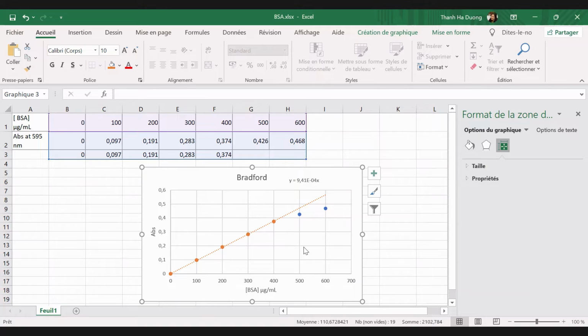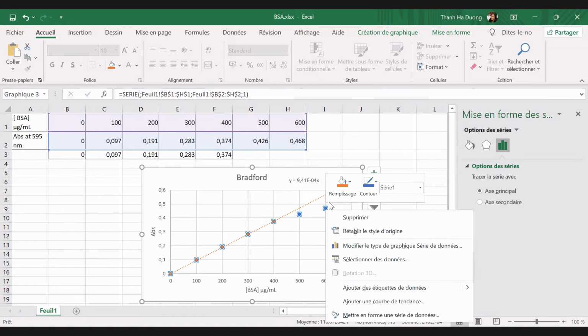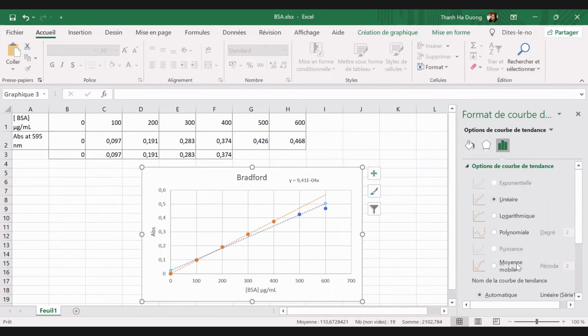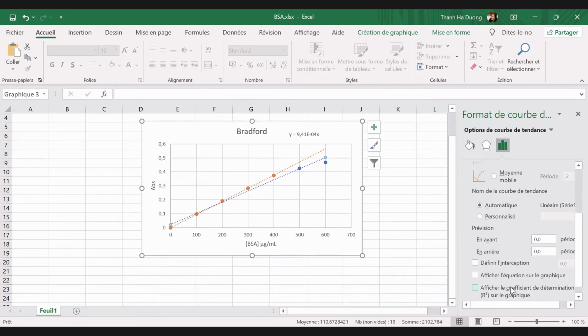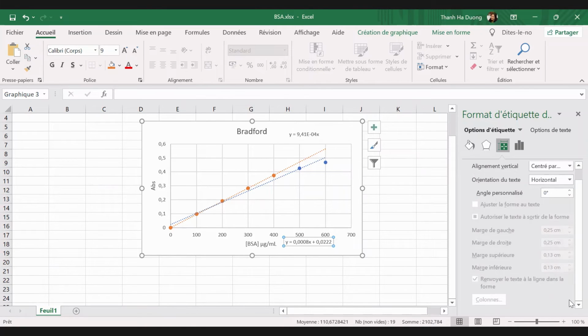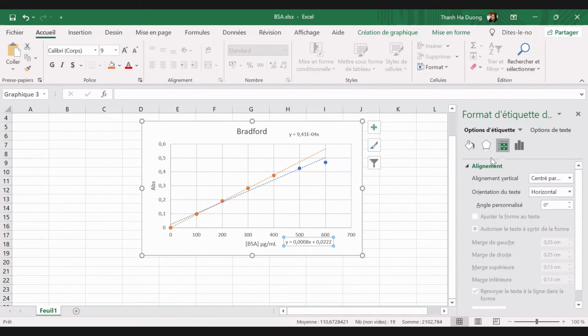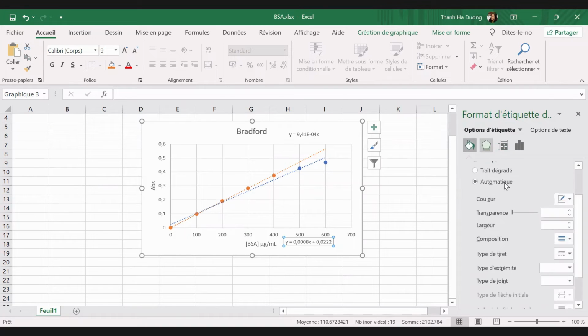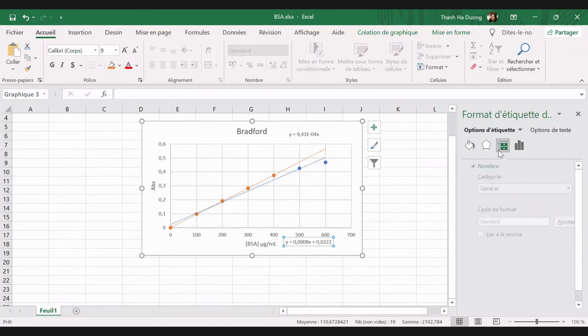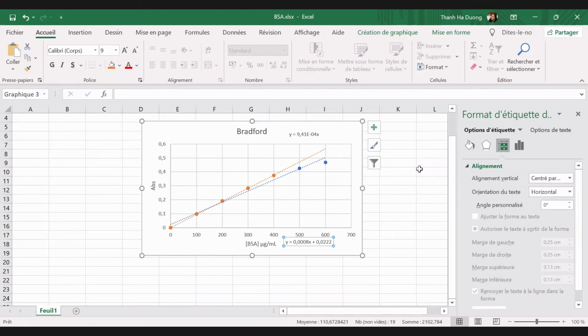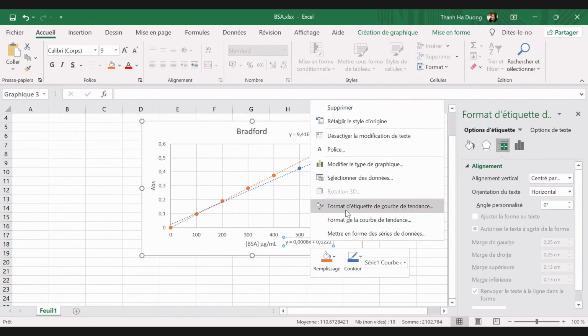Yes, because if you plot a line through all the points, you will have another equation, and you will probably find another concentration.